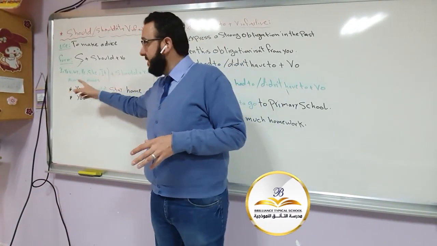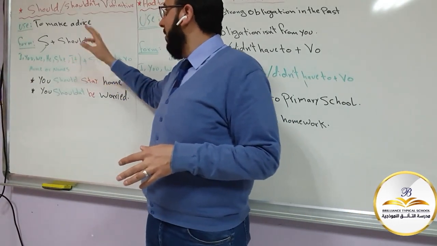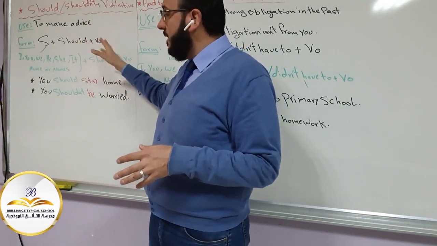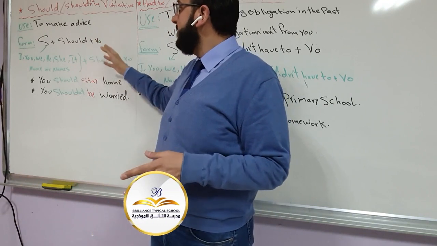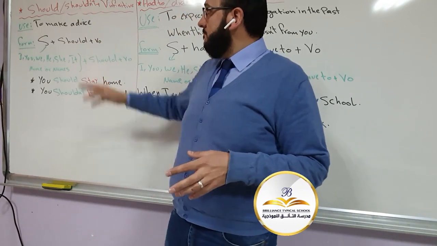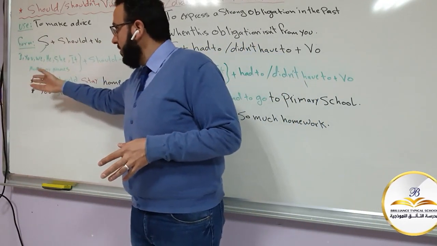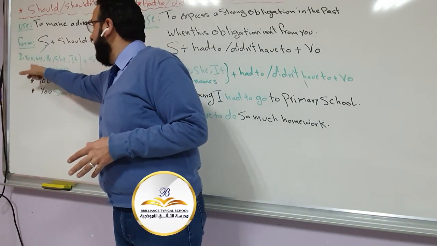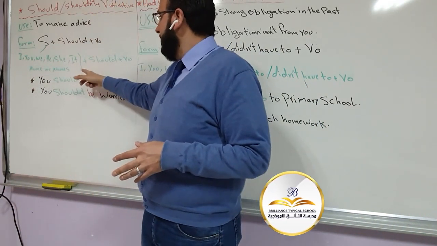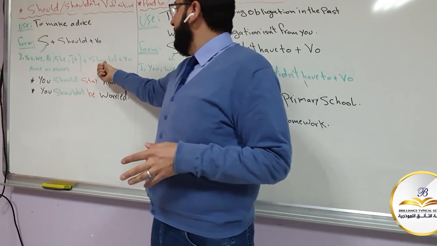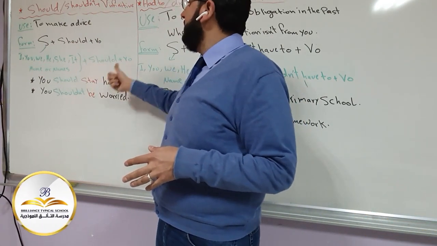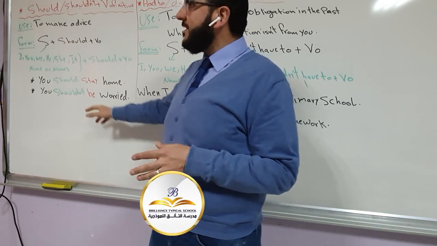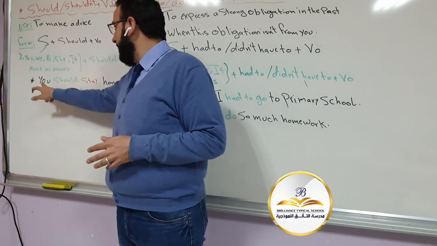We use subject, should or shouldn't, verb infinitive, the base form of the verb. To explain more, what I mean by subject is I, you, we, he, she, it, plus should and verb zero.